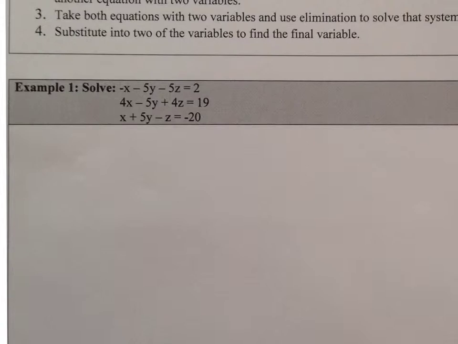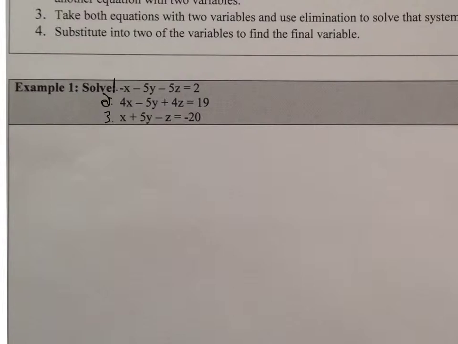So we label the first equation as equation 1, the second equation as equation 2, and equation 3, going down. That way we can talk about the equations without having to describe the whole equation.